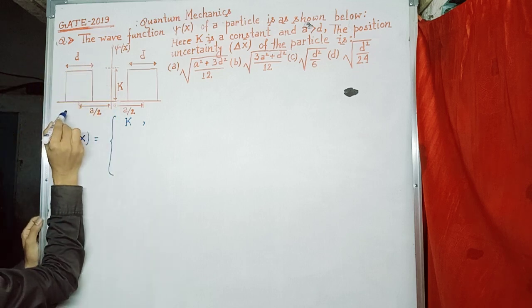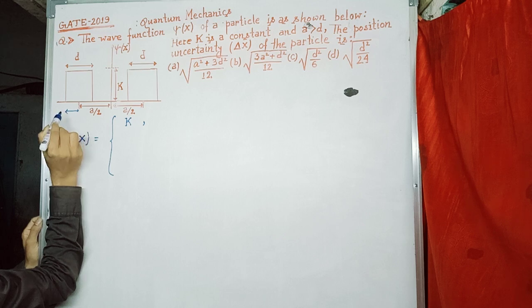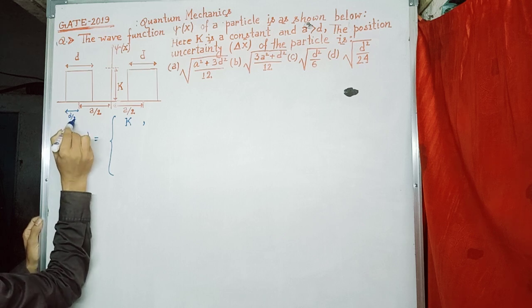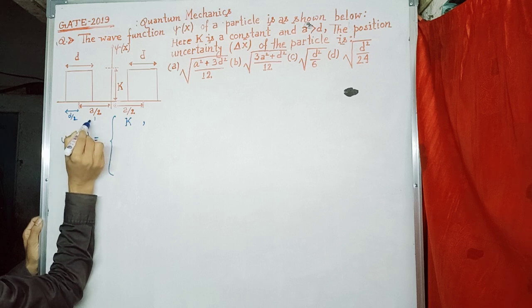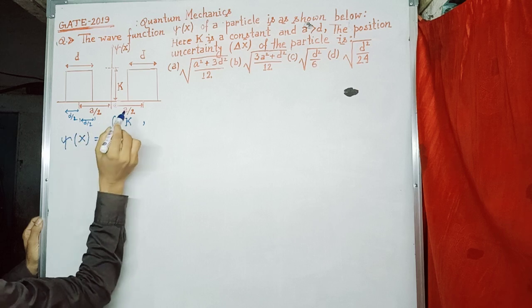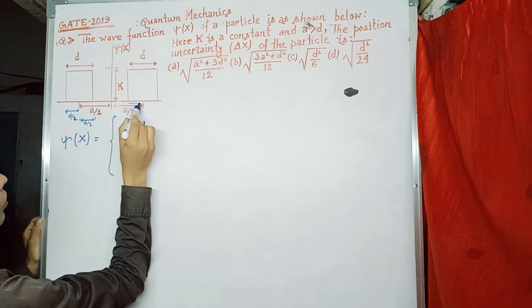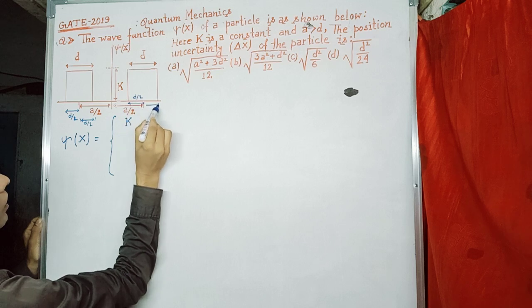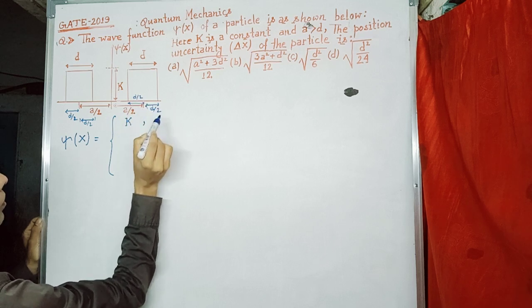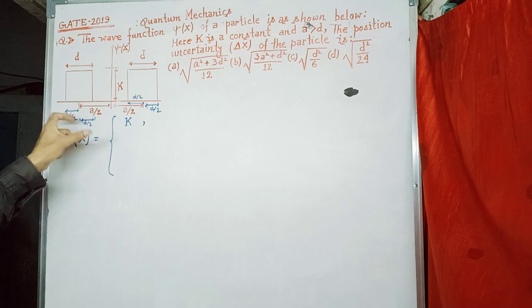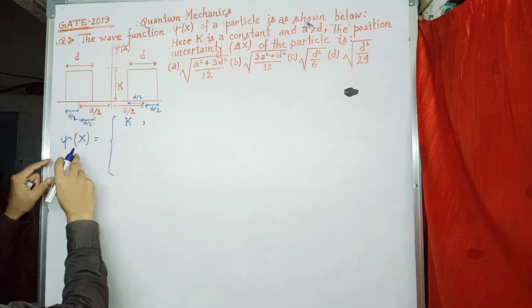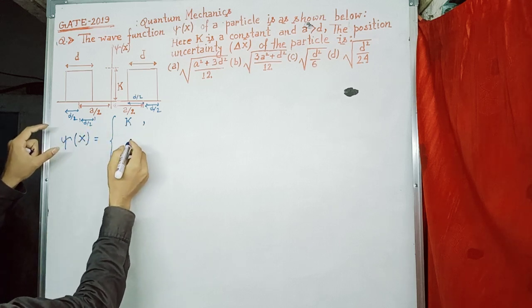Therefore this length will be equal to d divided by 2, and also this length will be equal to d divided by 2. Again this length will be equal to d divided by 2, and this length will be equal to d divided by 2.